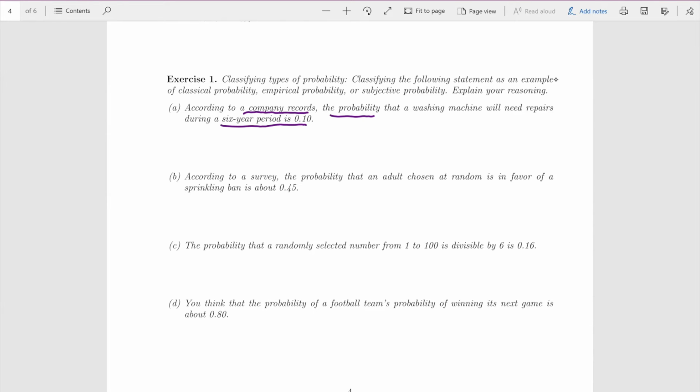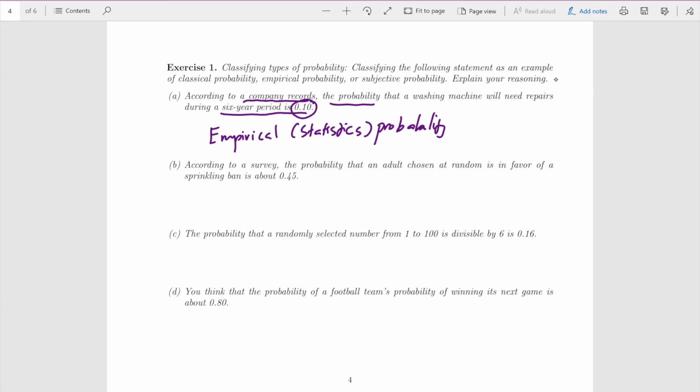So if you have a record from a company in order to come up with this estimation, that is when you use empirical probability, or statistics, because you use the records in order to come up with this number.